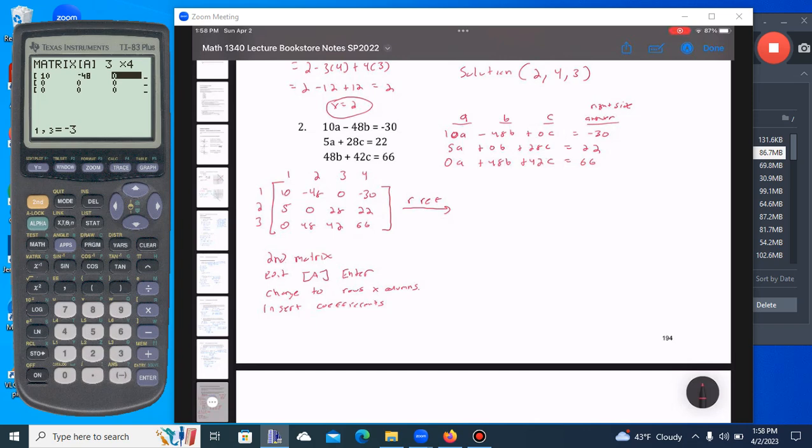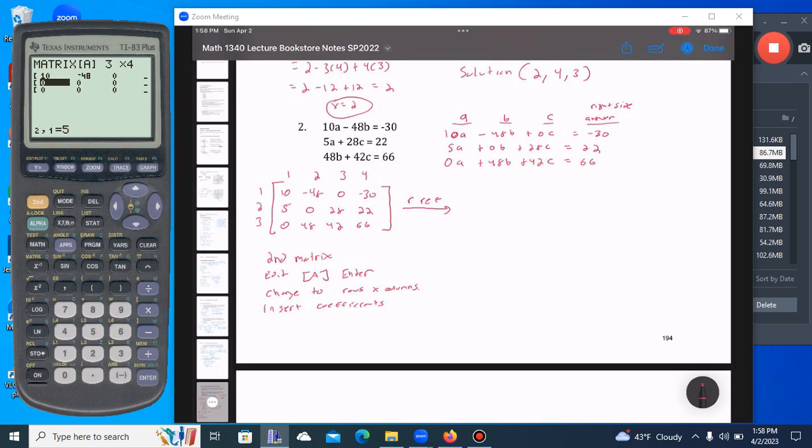Make sure you put the negative sign in, not the minus sign as you do these. Oops. I go back and fix that one.